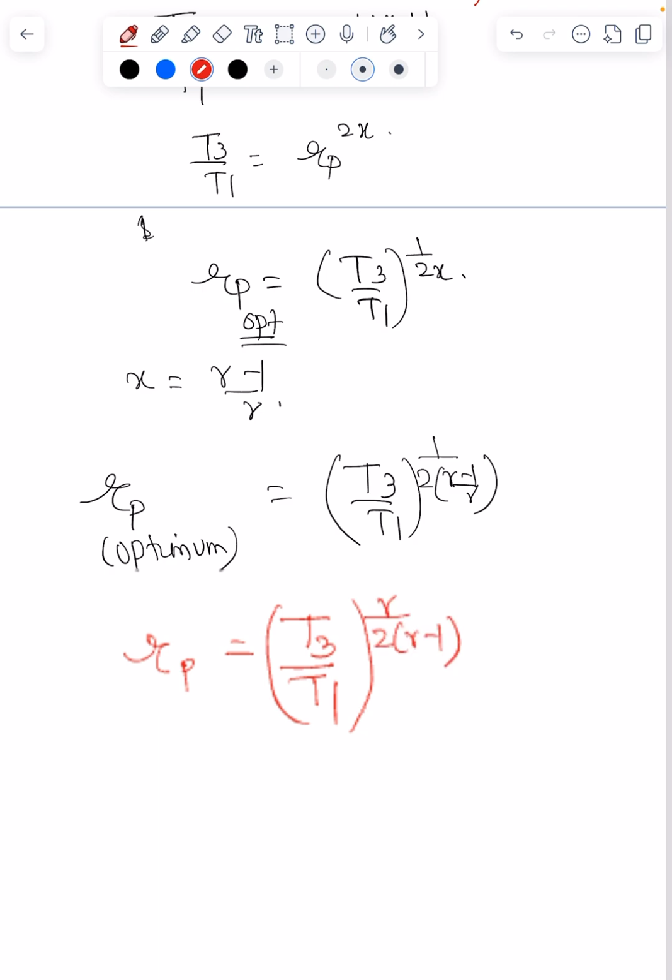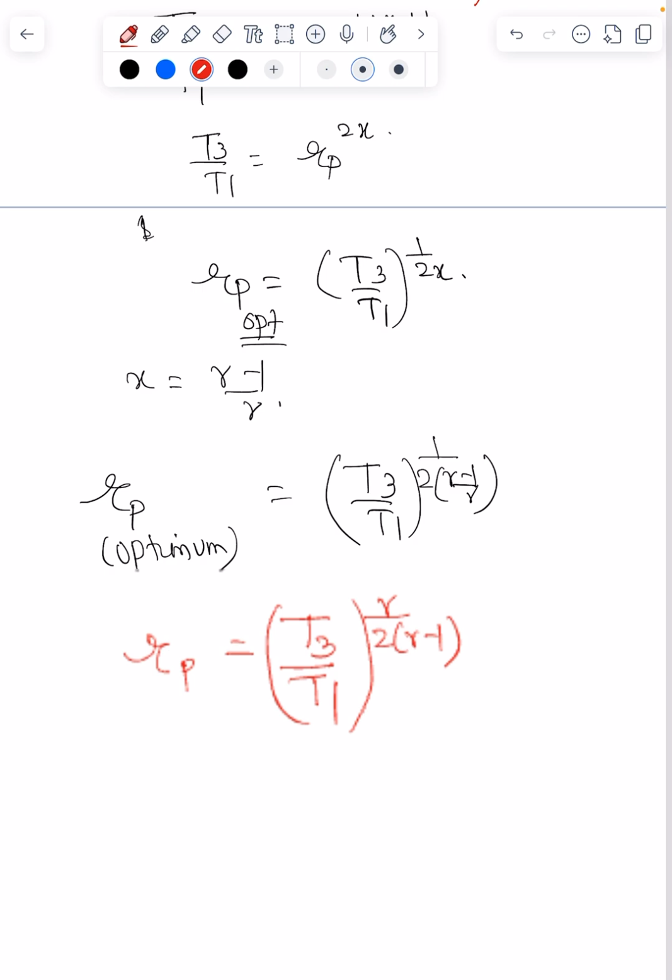Okay, so this is the required expression which I was talking about. What is this expression? This is the expression for optimum pressure ratio. Optimum in the sense that at this pressure ratio, we would be getting the maximum work output from the gas turbine power plant.